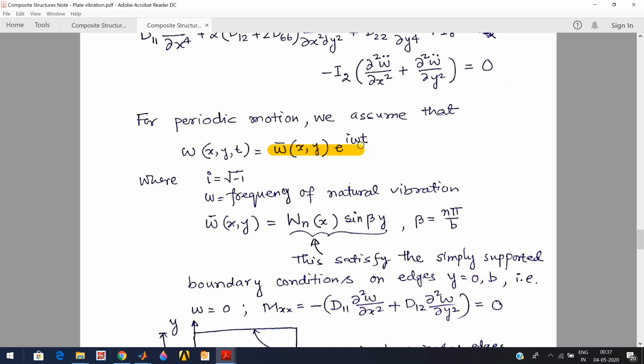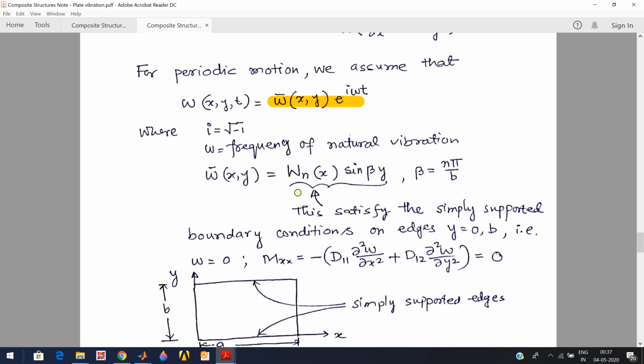So this omega is the frequency and this w is your deflection. W bar xy is nothing but capital Wn of x times sin beta y. This we have already seen.